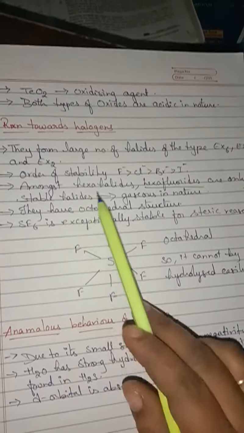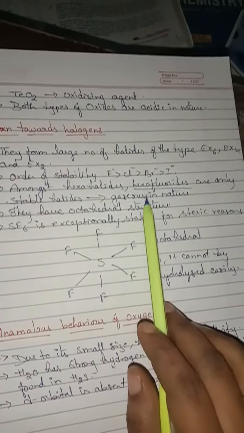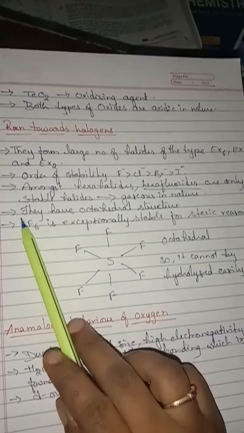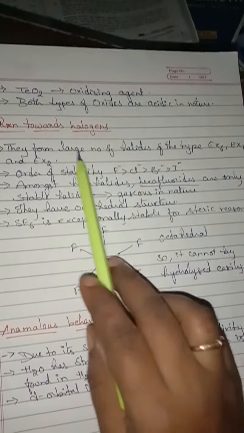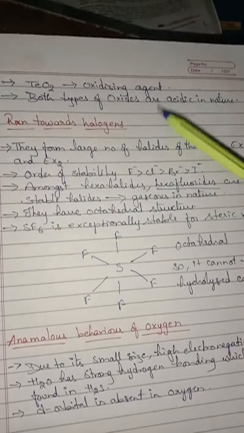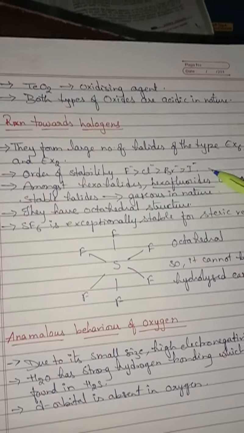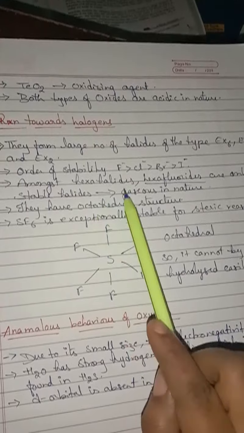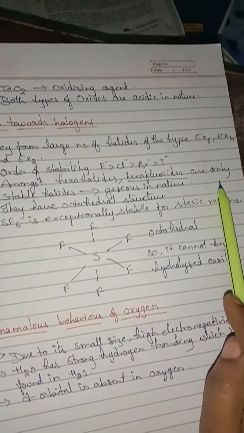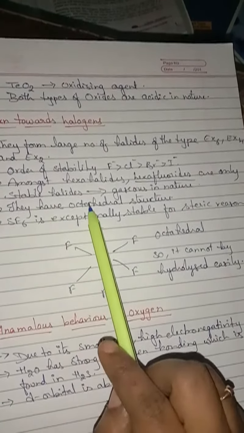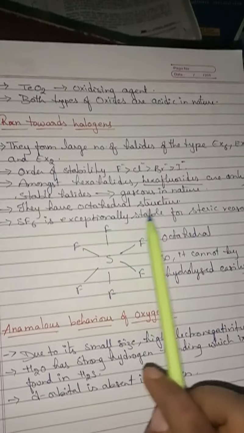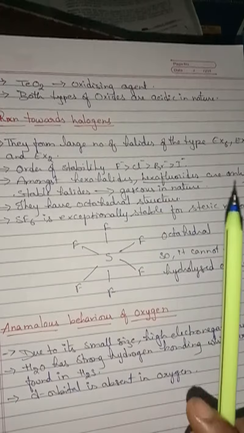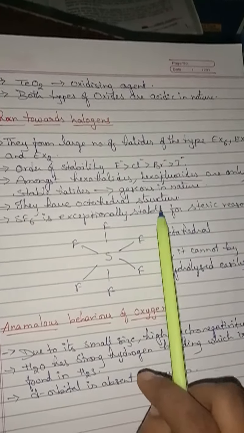Among these, hexahalides and hexafluorides are the only stable halides, which are gaseous in nature, and they have an octahedral structure. Understand?